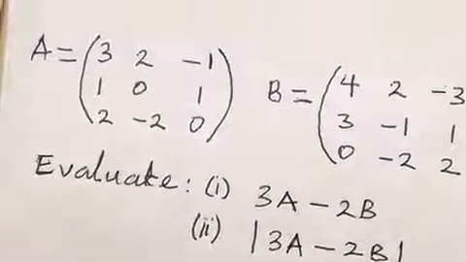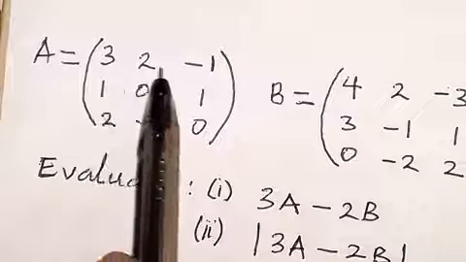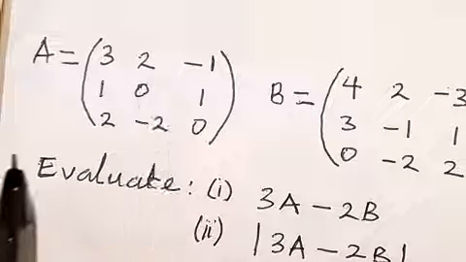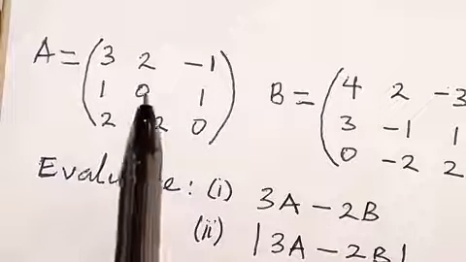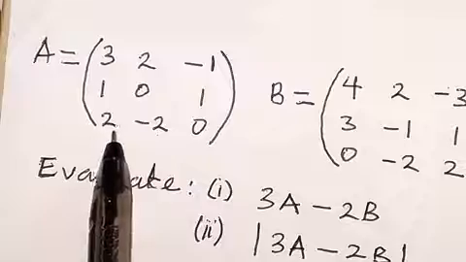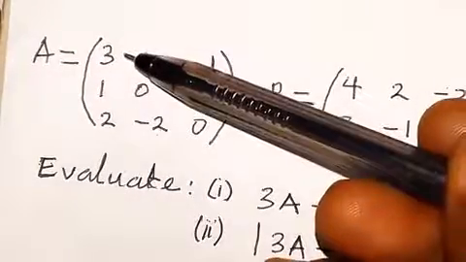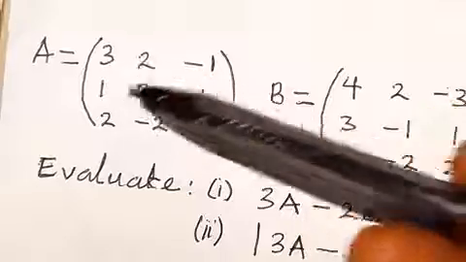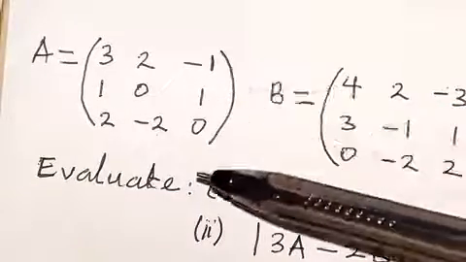That is, in this matrix here, we have the first row as 3, 2, minus 1. And this is the second row, 1, 0, 1. And the third row, 2, minus 2, 0. So the first column, we have it this way, 3, 1, 2. And the second column, and the third column.